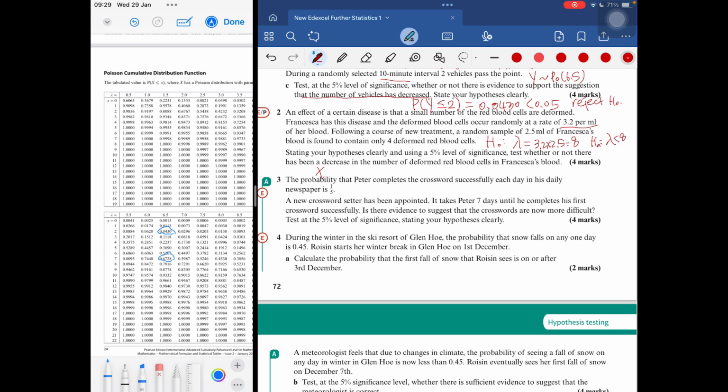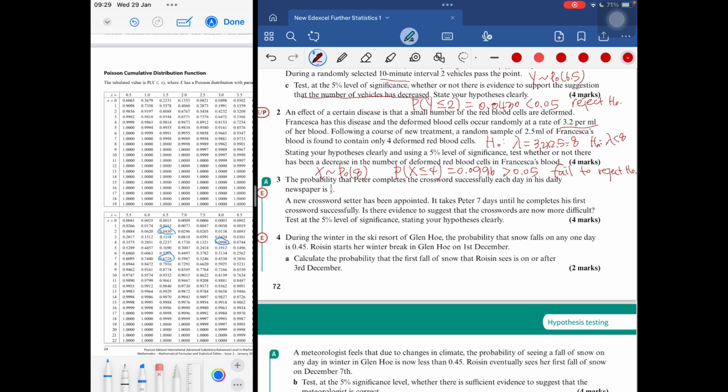So now X follows, always assuming null is true, Poisson 8, and we have the result of 4. So when we have the 4 here, 0.0996, which is larger than 0.05. So fail to reject H0. Fail to reject H0 is like accept H0.